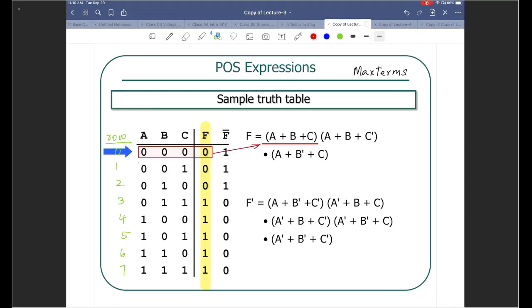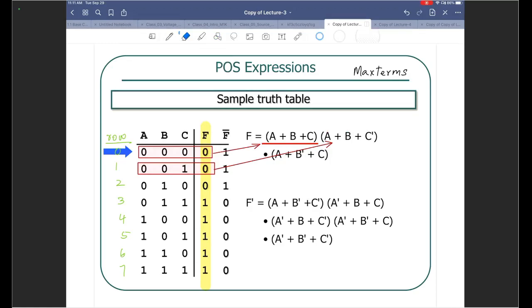Similarly, you have this one, which gives you that. A is 0, B is 0, C is 1. I hope you are seeing that A is 0, B is 0, C is 1, right? So you're looking for all the zeros here. You're flipping the zeros.